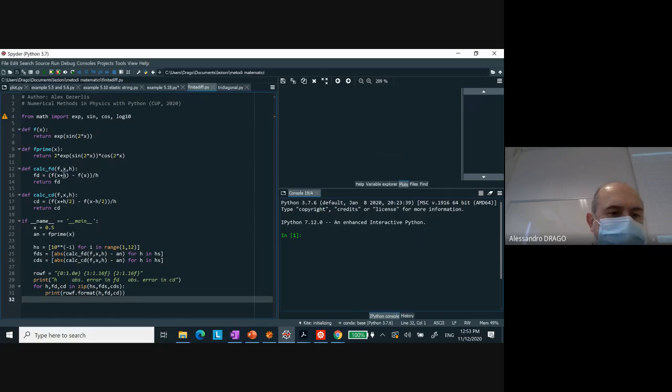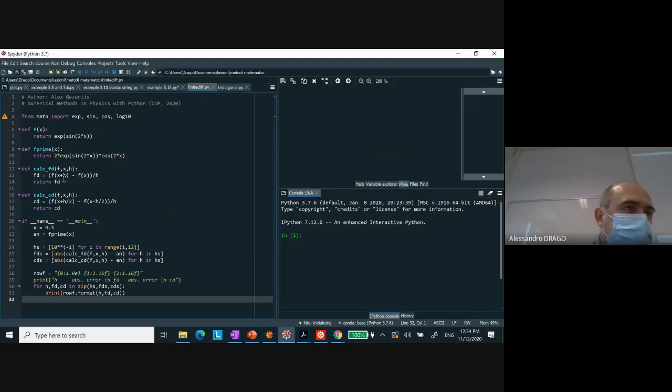Imagine that you are making a series expansion of f of x around x. What happens? f of x plus h is f of x plus h f prime of x plus 1/2 h square f second, etc. If you compute this, the first term f of x just cancels. So you get f prime of x, minus f of x times h divided by h.